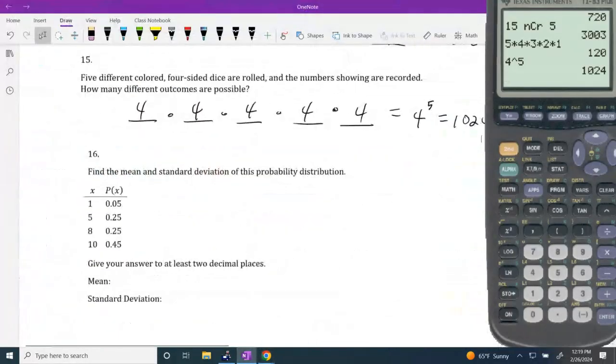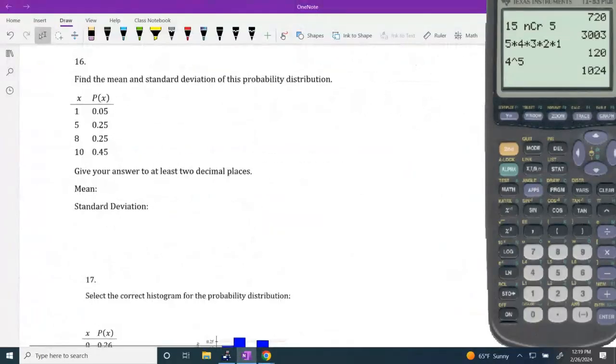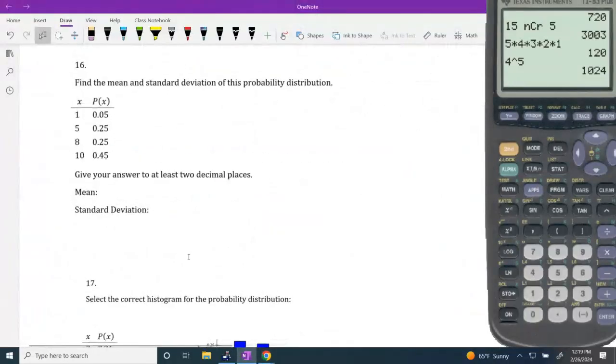Okay, number 16. Now we did one like this in class, but we didn't actually find the standard deviation. It says find the mean and the standard deviation of this probability distribution. So keep in mind for a probability distribution, there are generally 2 columns. The first column is the random variable. The definition of a random variable is just that it's a single number value.